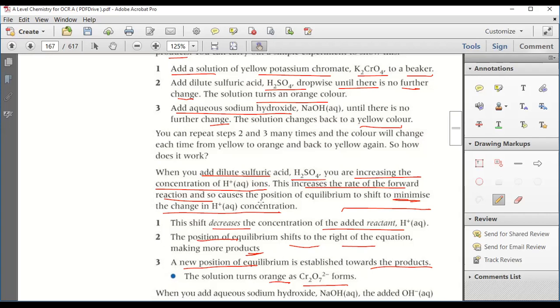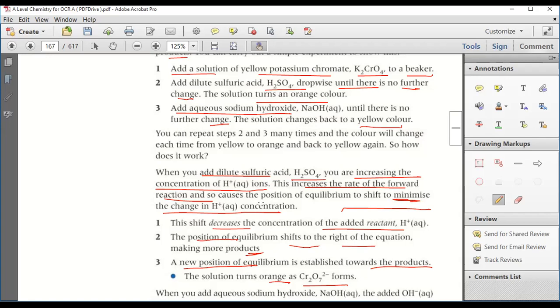As you add dilute sulfuric acid, it increases the H+ ion concentration. The rate of reaction also increases, but the equilibrium needs to shift itself in such a way that it minimizes the change of H+ ion.